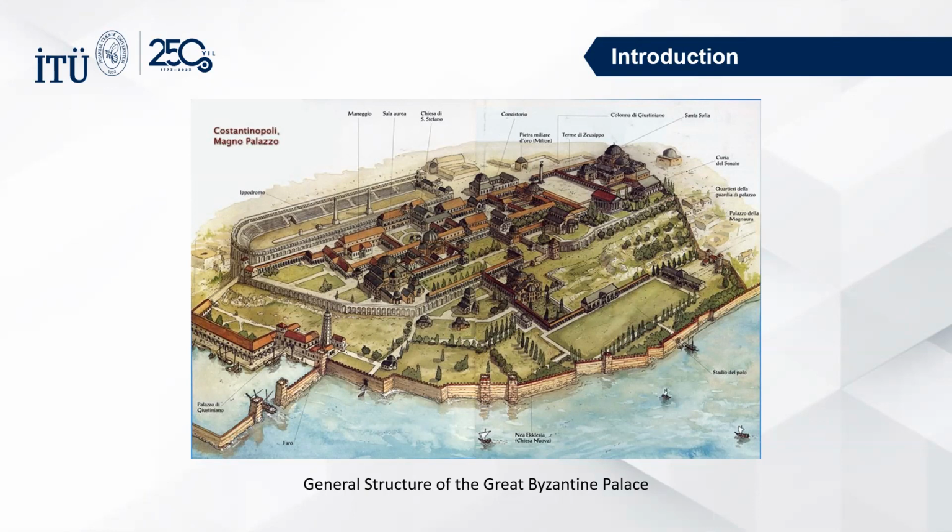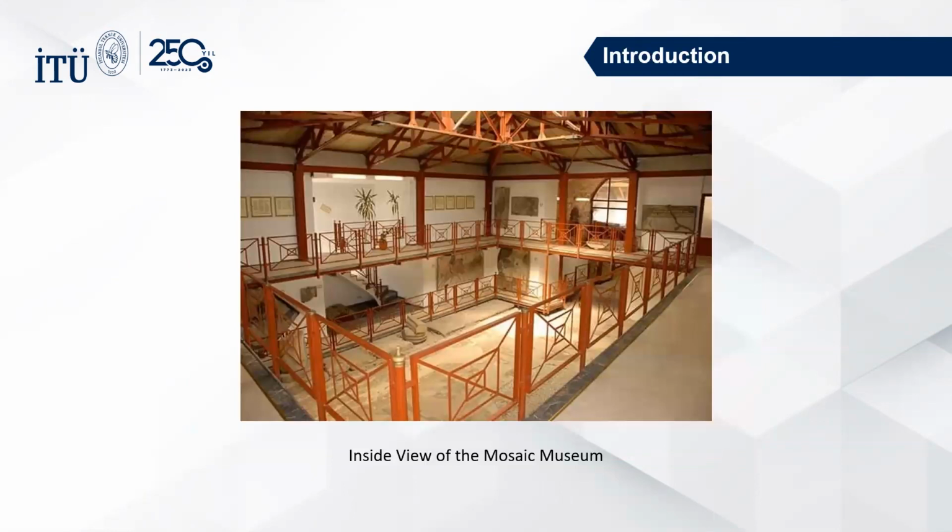And crucially, a notable connection to this historical marvel is the Mosaic Museum, which we see in the image, established in 1953 and located in Arasta Bazaar, Fatih, Istanbul. The museum meticulously preserves the intricate mosaics from the Great Palace's mosaic peristyle.